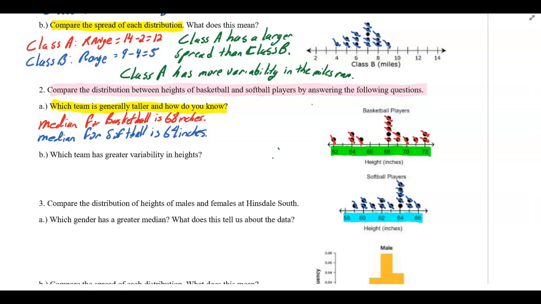So in general, the basketball players have a higher median, therefore in general, they are taller. So the basketball players are taller since they have a higher median.